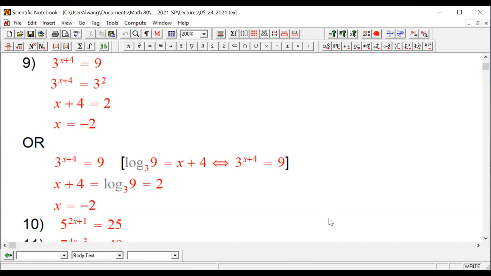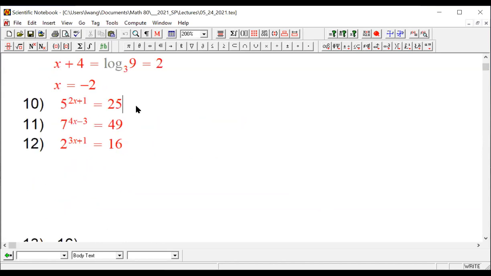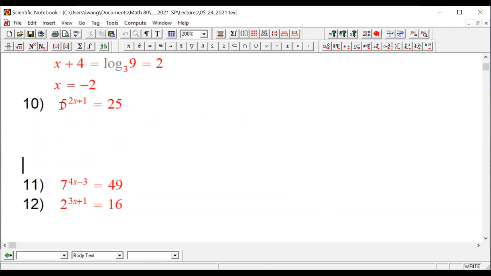So now, did you get it? All right, so let's look at this one. On number 10, look at that. It equals 25. 25 is 5 squared, right? And then we're going to get 2x plus 1 equals 2.